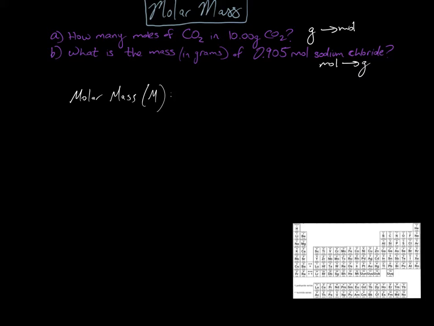I know that's not very complicated, but I promise it'll make sense once it's in writing. So it's essentially the number of grams of a substance needed to make 1 mole of that substance.